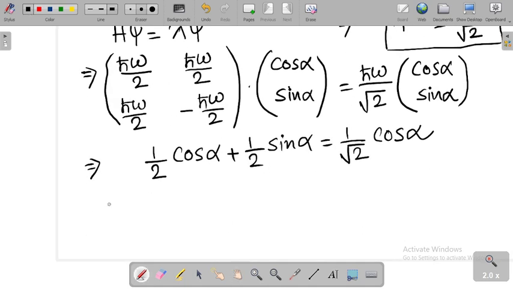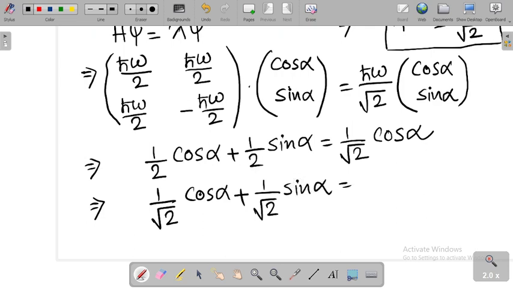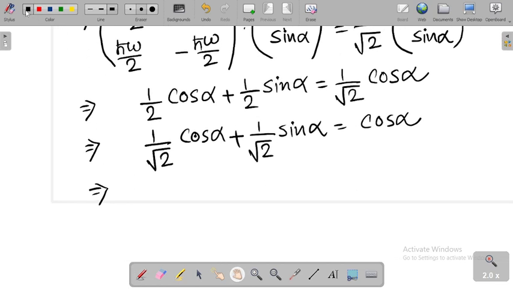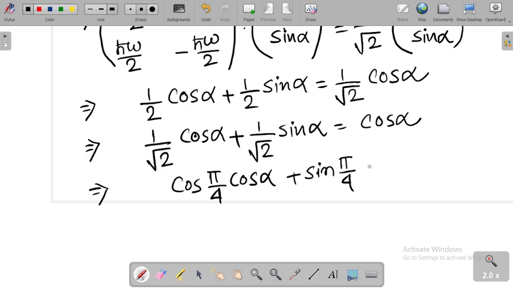So we get 1 by root 2 cosine of alpha plus 1 by root 2 sine of alpha is equal to cos alpha. We may write this 1 by root 2 as cosine of pi by 4 for the cosine term, and also sine of pi by 4 for the sine term.